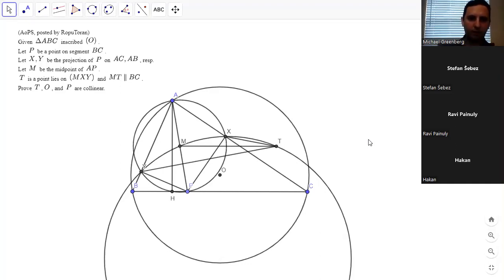I wonder if, no, that's not true. Well, wait, so angle YMX is twice angle A. Oh, so YMX is similar to BOC. That's probably helpful, right?